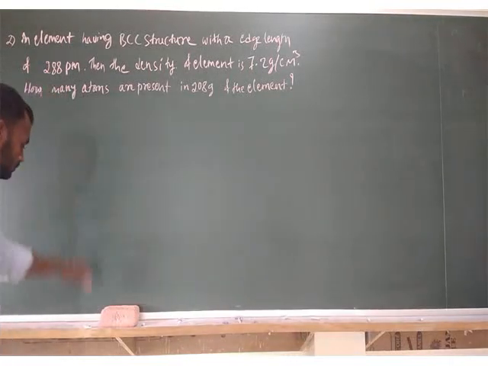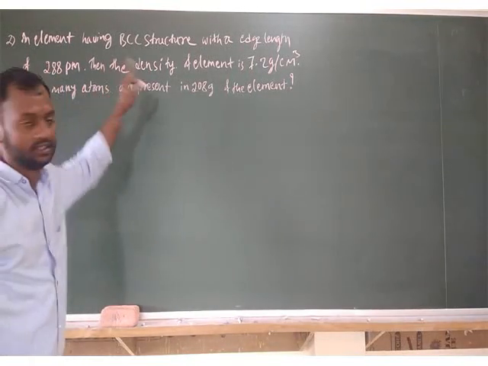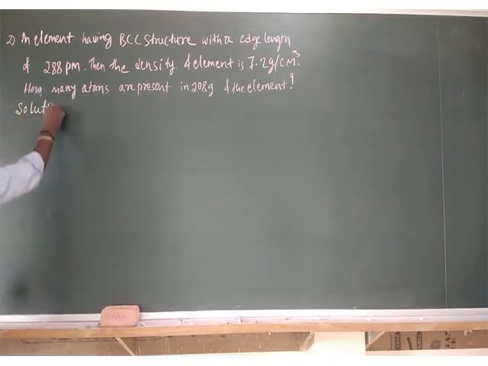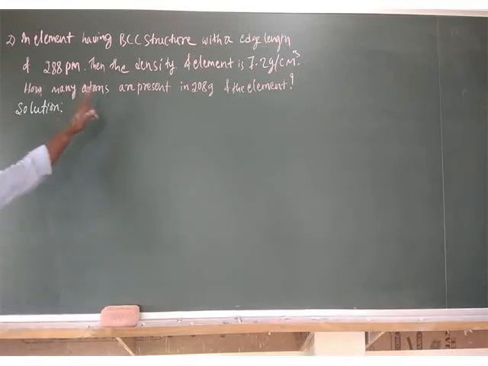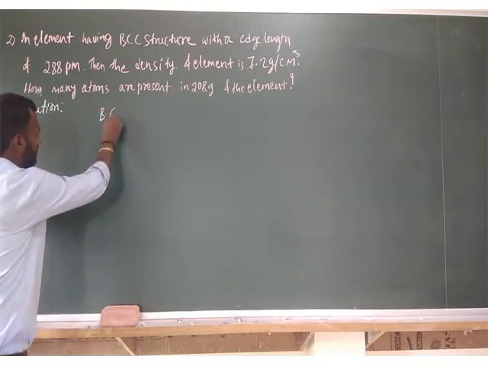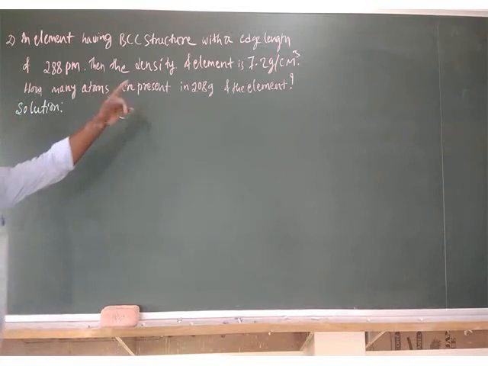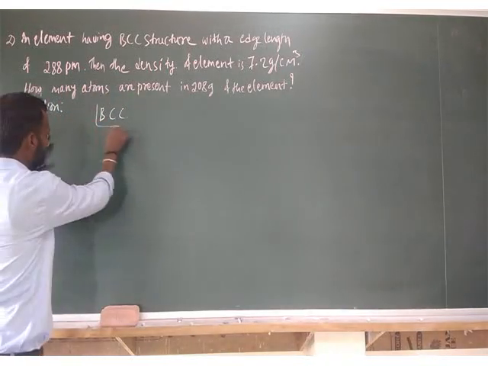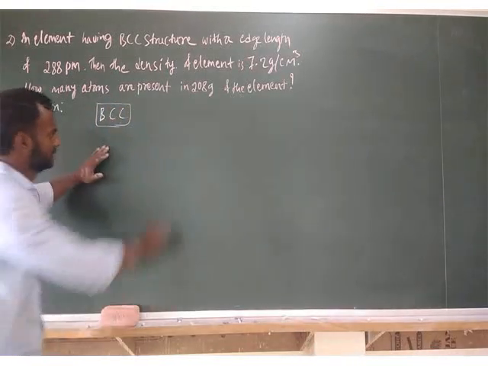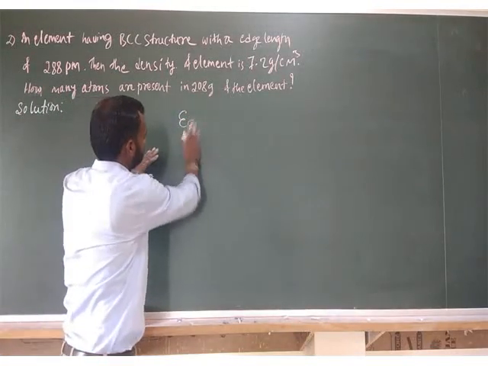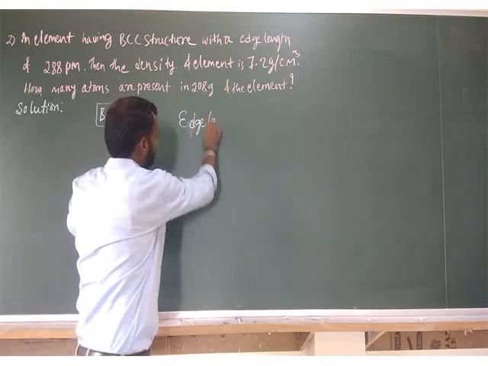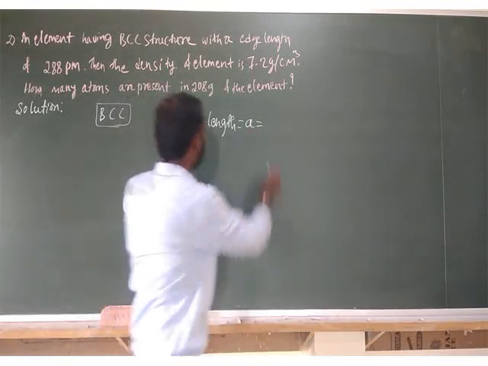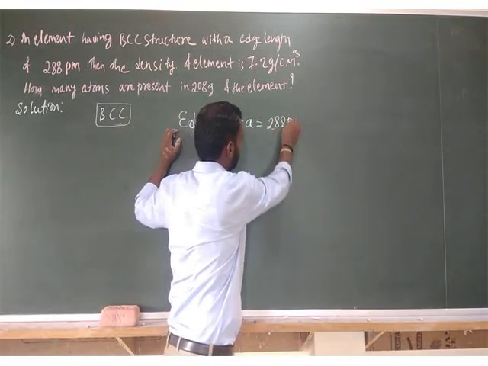Problem number 2. An element having BCC structure. The solution: an element having BCC structure, body centered cubic lattice, with an edge length of 288 picometer. So for BCC, the edge length a is equal to 288 picometer.